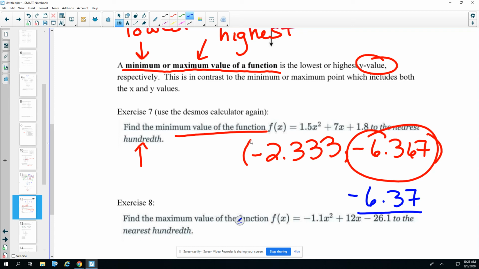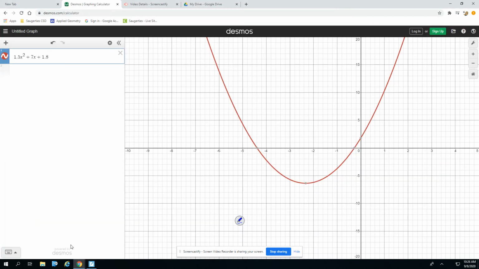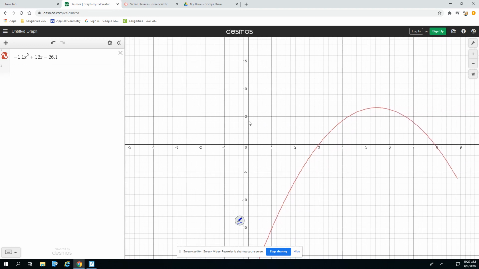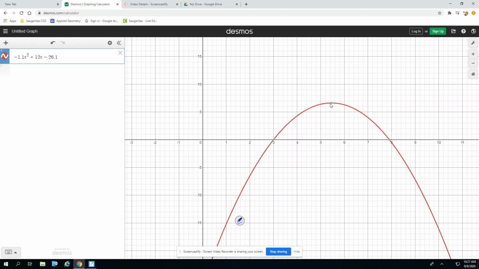So we're going to look at one more of those just to make sure we're clear. So here's my second function. We'll go back to Desmos and type that one in, negative 1.1 x squared. And I suggest going on Desmos and actually trying these yourself, kind of going through the problems. This one, I'm just going to pick up my graph and slide it over, and I'm going to hover over that maximum point because that's what I want.